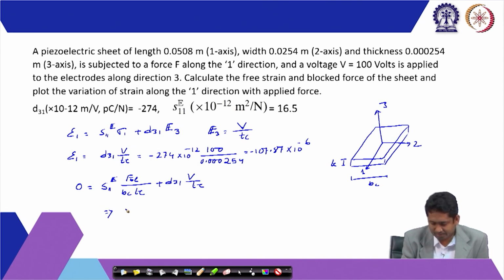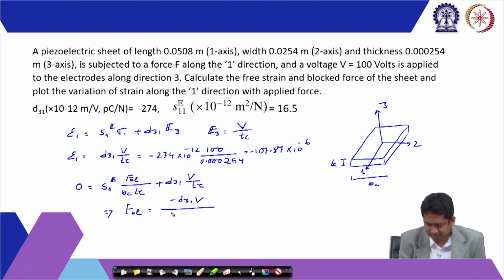Now, if we find out the block force from this expression, it gives us minus D31 V divided by S11 E multiplied by BC.